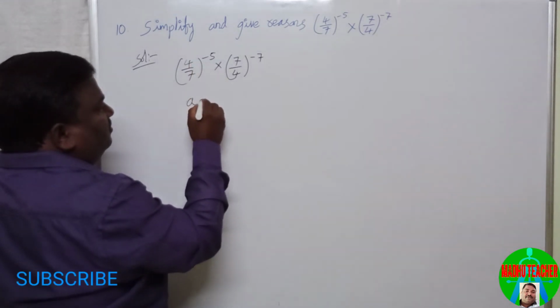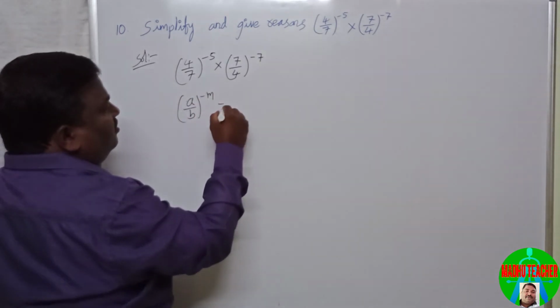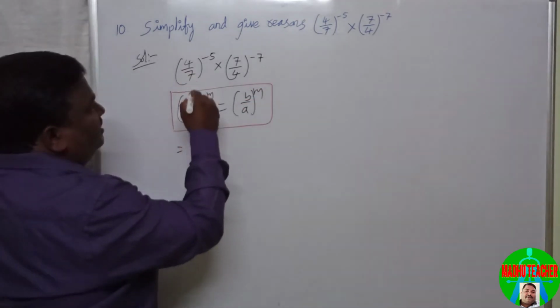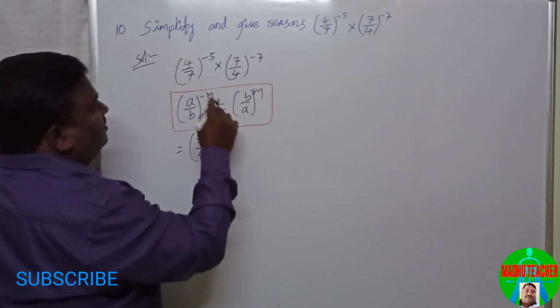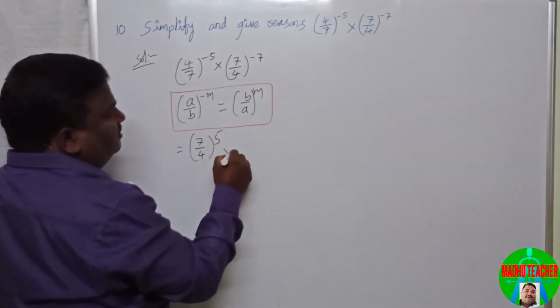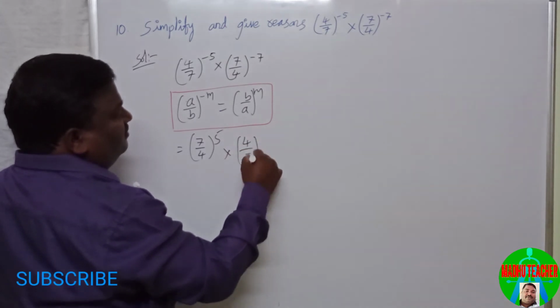So this is in the form of a by b whole to the power of minus m equal to b by a whole to the power of m. And it has 7 by 4 whole to the power of 5. Just reciprocal, minus will become plus. It is also the same, 4 by 7 whole to the power of plus 7.